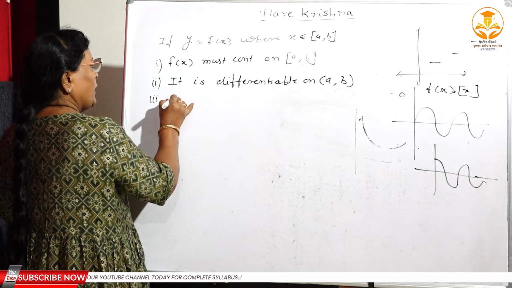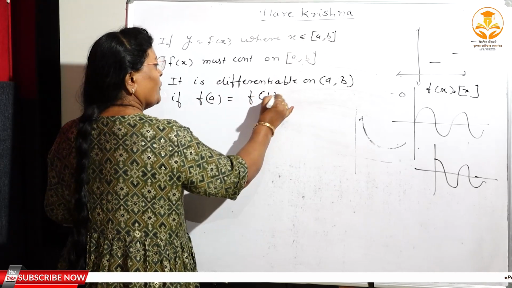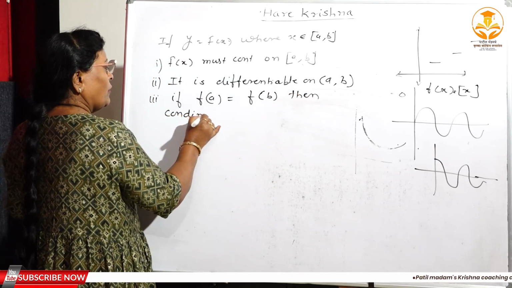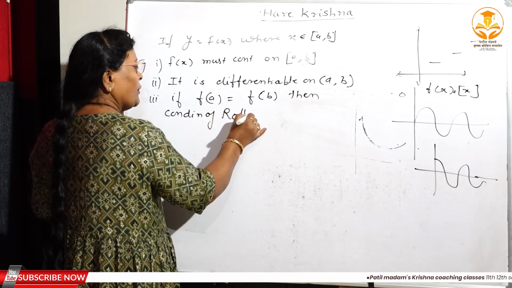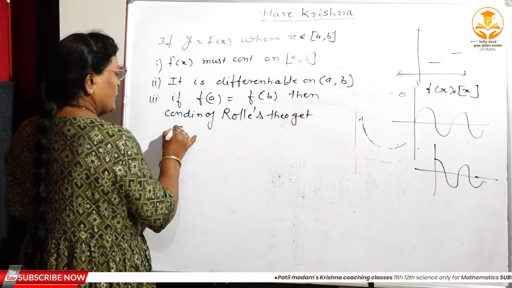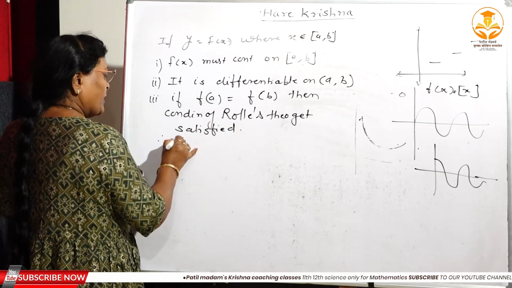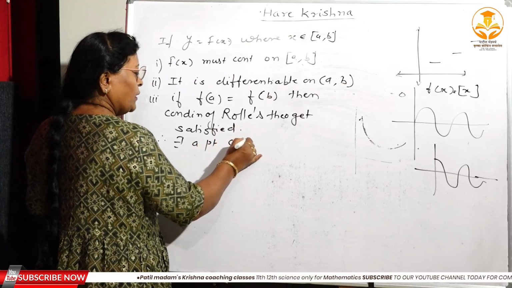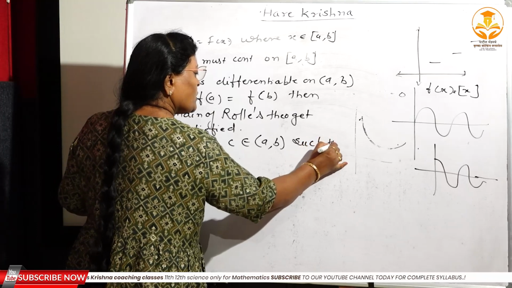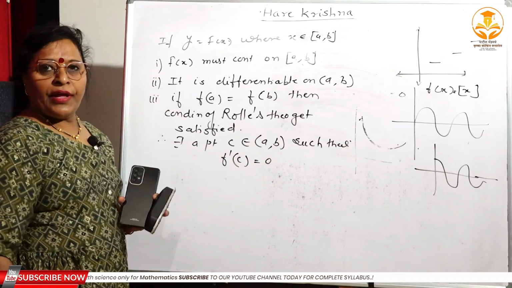And third, if f of a is equal to f of b, then the conditions of Rolle's theorem get satisfied, right? Therefore there exists a point c belonging to the open interval a comma b such that f dash c is equal to 0, isn't it?